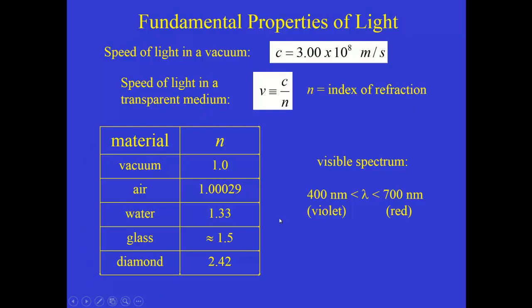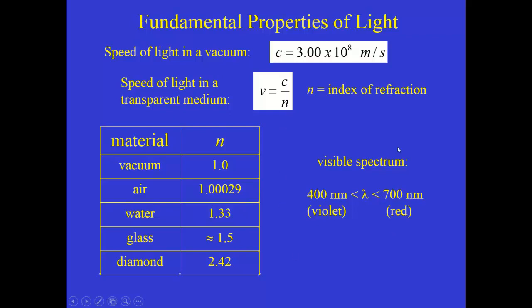Of course, in a vacuum, n by definition would be 1 because the speed v would be equal to c. Air actually is not a vacuum. It has molecules in it, and so there's some very small interaction of the light with those molecules that slows it down a tiny bit. But in other substances like water and glass, you can see that the slowdown is rather significant.